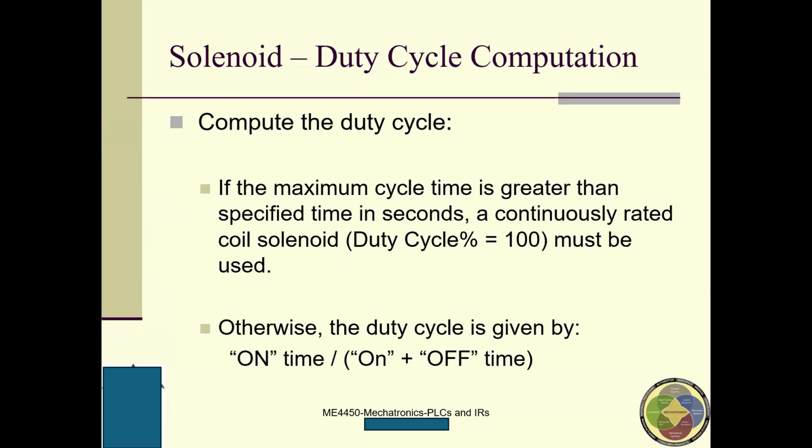This is how we calculate the duty cycle. If the maximum cycle time is greater than the specified time in seconds, a continuously rated coil solenoid, 100% duty, must be used. However, the duty cycle is given by the on time divided by the total of on time and off time.